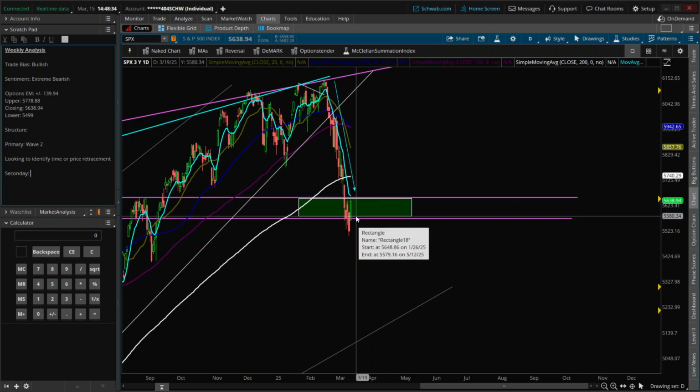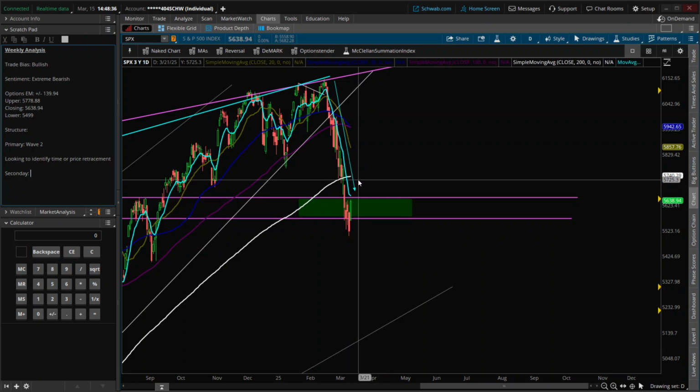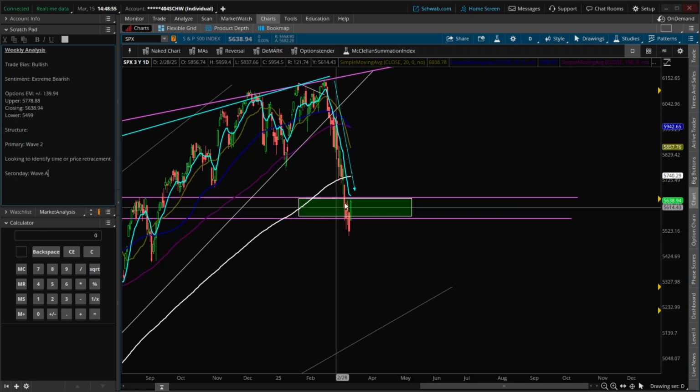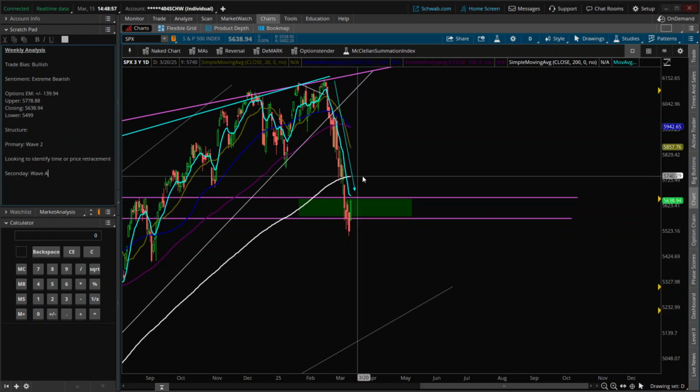A, we're going to get a B and a C into probably the 200 moving average, and that means that we're in the larger degree wave A. So all of next week, maybe going to Friday or so, we're going to focus on wave A. All right, so wave A will probably end up here at the 200 moving average.